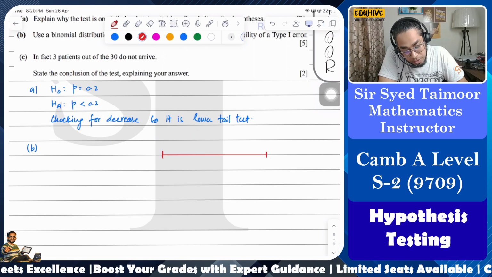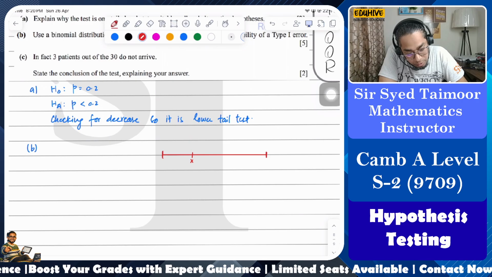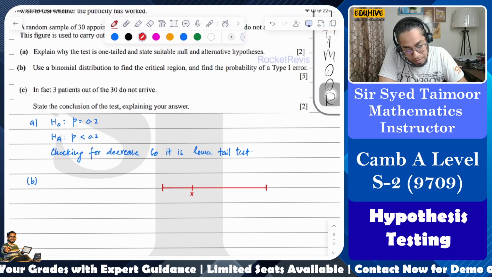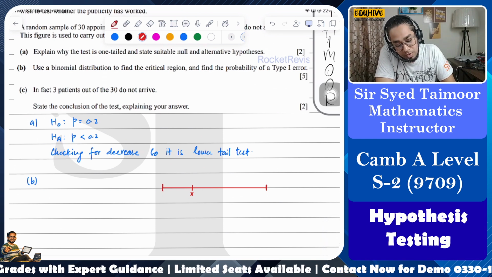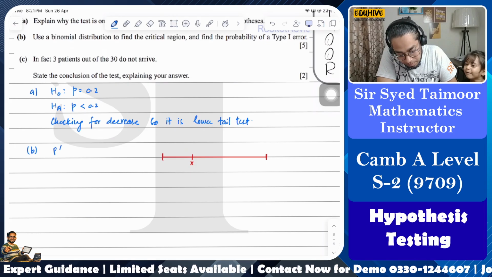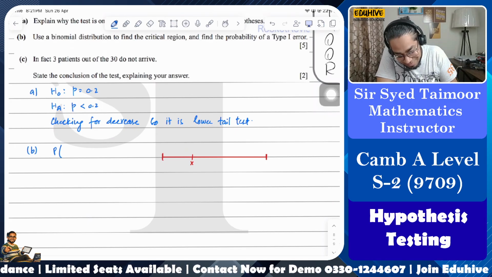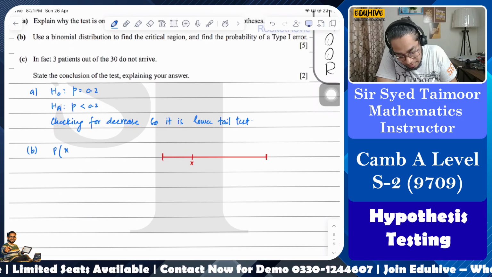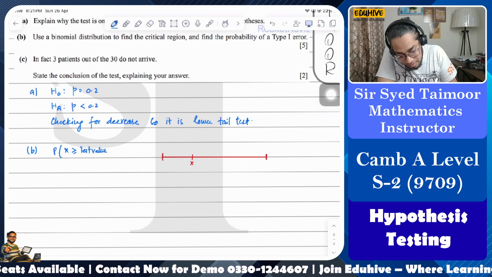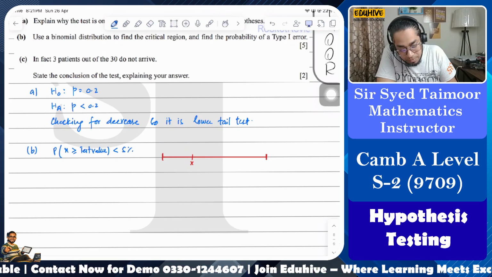So they are looking for the lower tail now, so I guess that value should be this one. Okay, so the test value must be less than 5%.